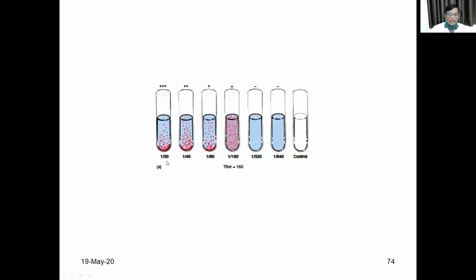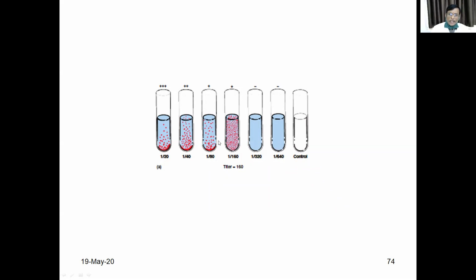You can see here the dilutions: when we go up to 1:640 dilution, the amount of antibody is less, whereas in 1:20 the amount of antibody is more.